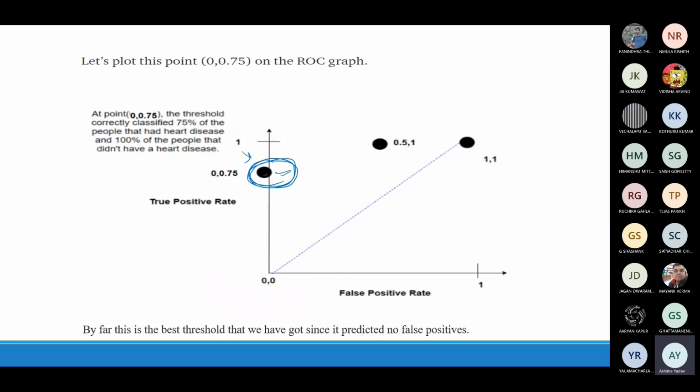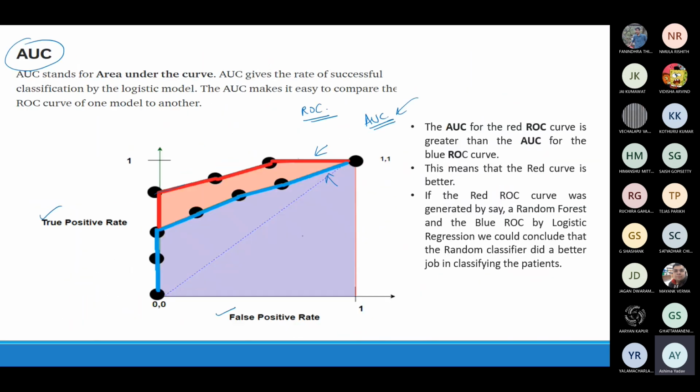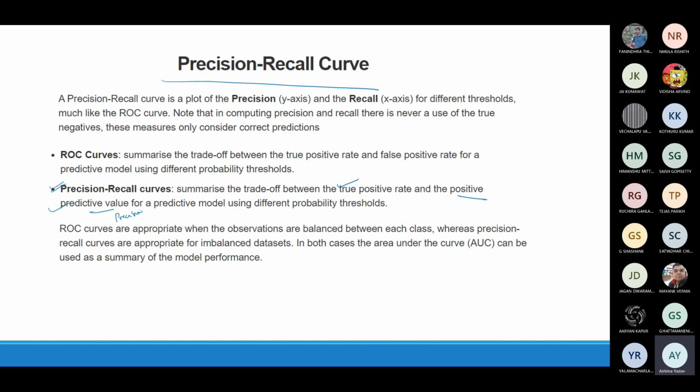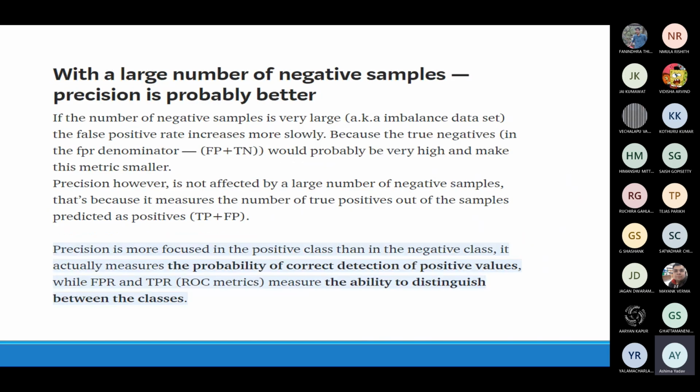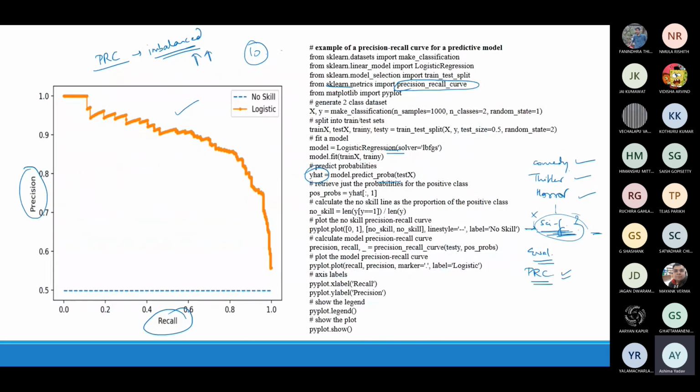Then we go ahead and consider what happens if the data set is imbalanced. In that case, maybe we go for the precision recall curve and see how well the model behaves, or what the exact nature of our classifier is. Everything we are using is to see whether there is any bias or any problem in our model or classifier.